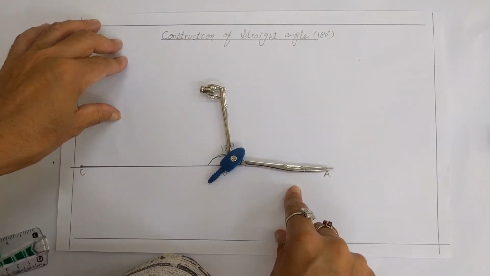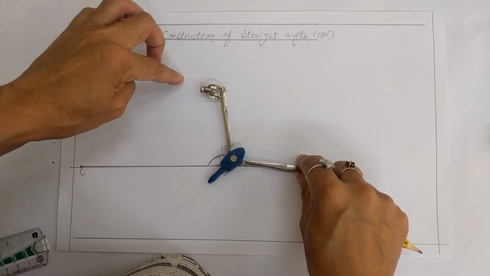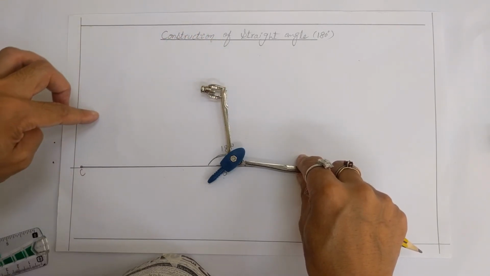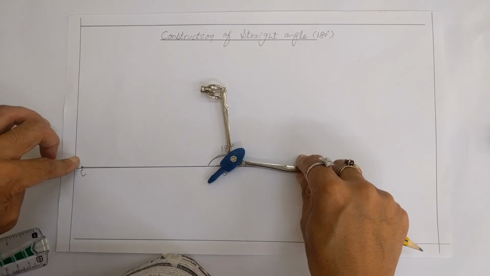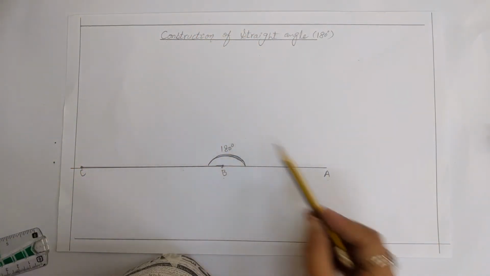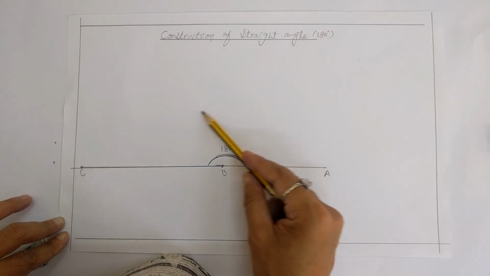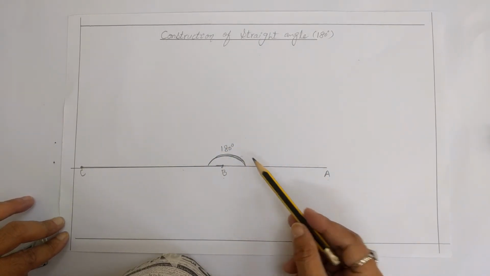This compass is moving just over here, and when you move this arm like this till 180 degree, then this whole space between the arm AB and arm BC represents the angle of 180 degree.